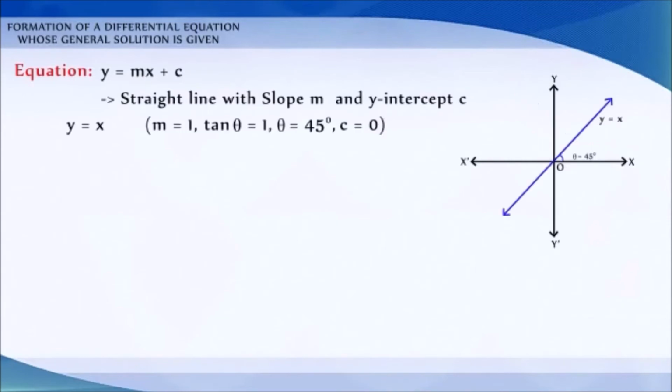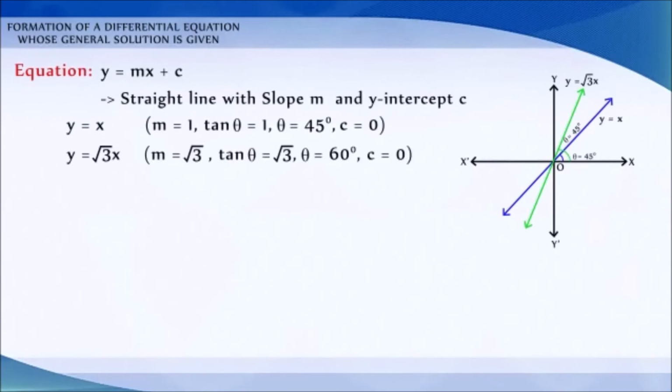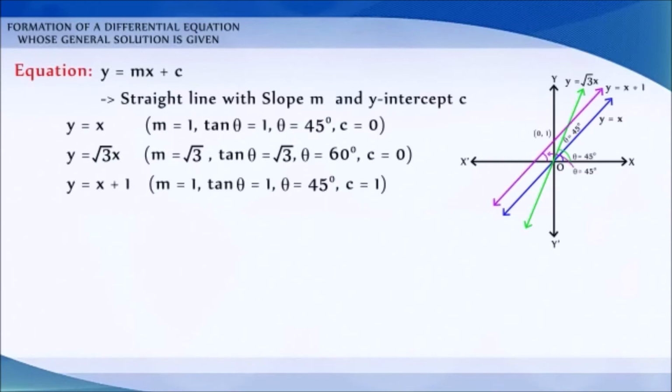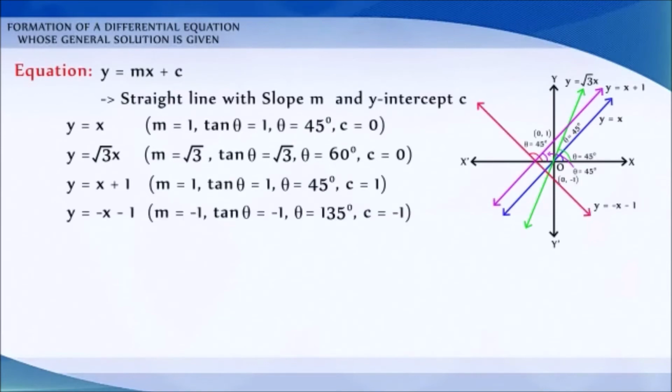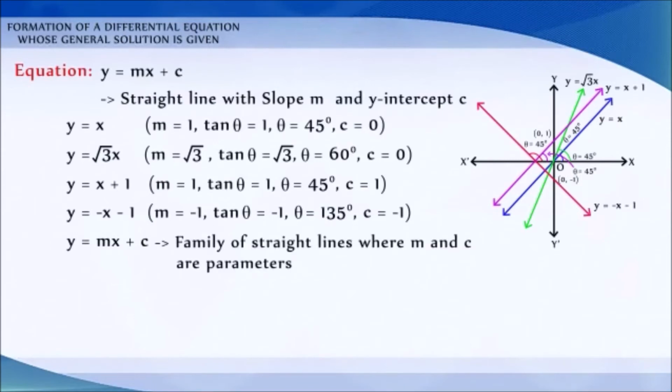That is, y = x for m = 1 and c = 0. y = √3 x for m = √3 and c = 0, and y = x + 1 for m = 1 and c = 1, and y = −x − 1 if the slope m = −1 and y-intercept c = −1, etc. Therefore, the equation y = mx + c represents the family of straight lines where m and c are parameters.